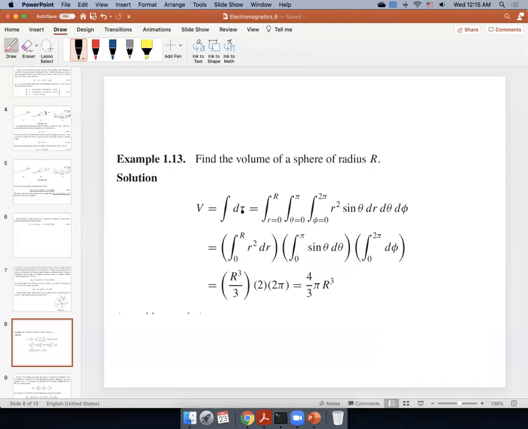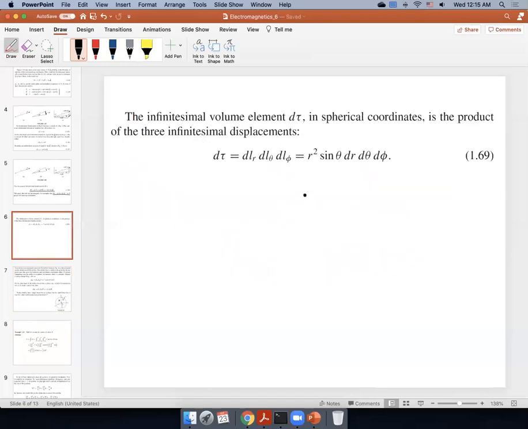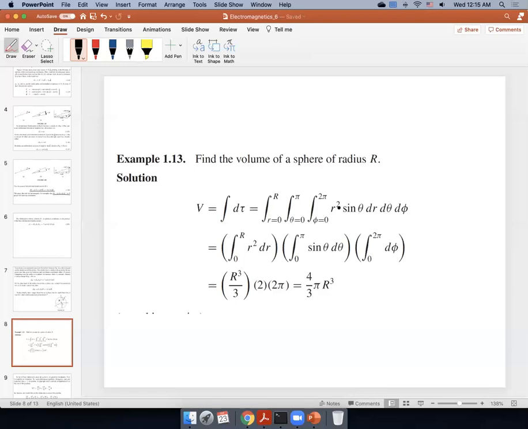So it's the integral of dτ. It's a three-dimensional integral of dτ, and dτ could be written in this way: r squared sine theta dr d theta d phi. So let's use r squared sine theta dr d theta d phi.